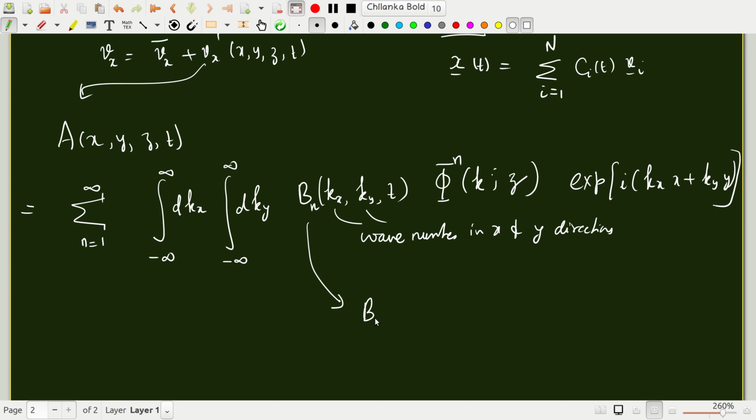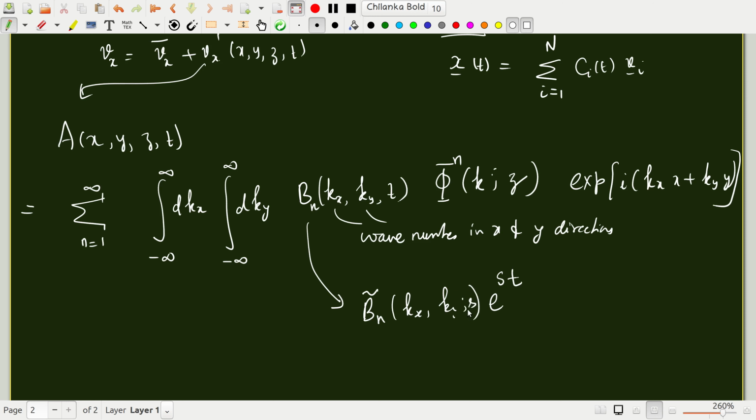So I can write this as sum b tilde of n of kx, ky times e to the st. You can think of this as a Laplace transform of the time domain into the s domain as well, if you want to think of it like that. Then this will be a function of s.